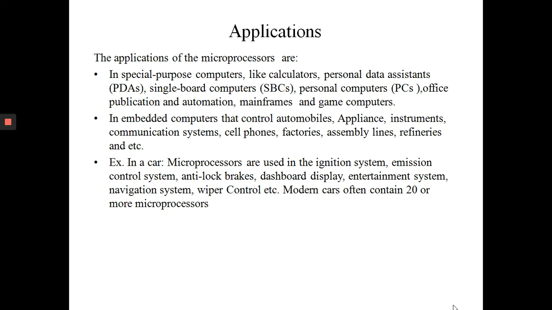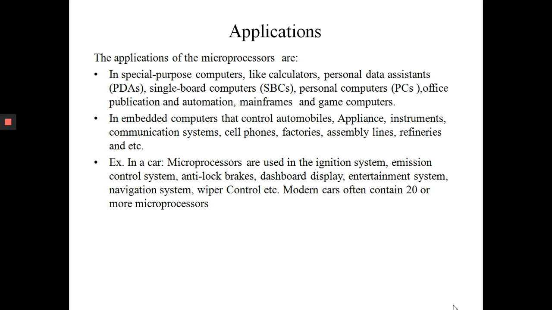Applications of microprocessors. Applications of the microprocessors are in special purpose computer calculation, personal assistance, single board computers, personal computers, office publication and automation, and video game computers. In embedded computers that control automobiles, appliances, instruments, communication systems, foods, factories, assembly lines, refineries, and so on.